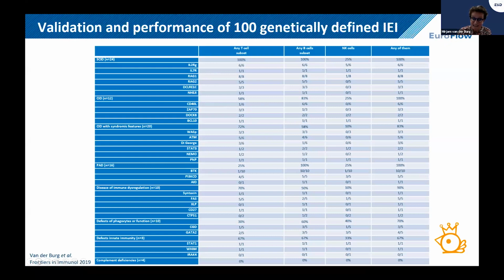We not only standardized the procedure, but also validated the performance of this tube in 100 genetically defined inborn errors of immunity. And we think, from the Euroflow Consortium, that's really the power: it's standardized, you have the reference values, and it's validated. So that allows you to apply it in various laboratories, and we can perform multi-center studies.